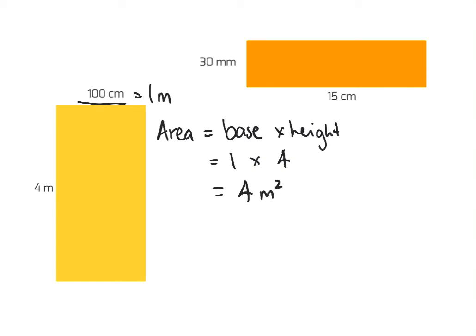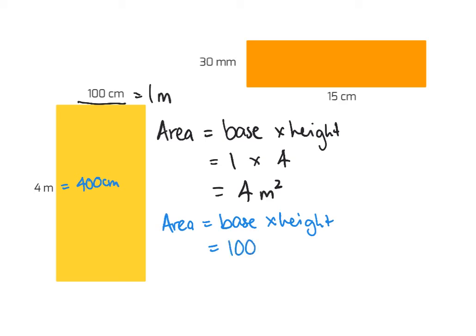Now let's give it a go, converting it into centimeters instead. So if I'm to do that, 4 meters, 4 times 100 would give me 400 centimeters. So area equals base times height. My base would be 100 centimeters.